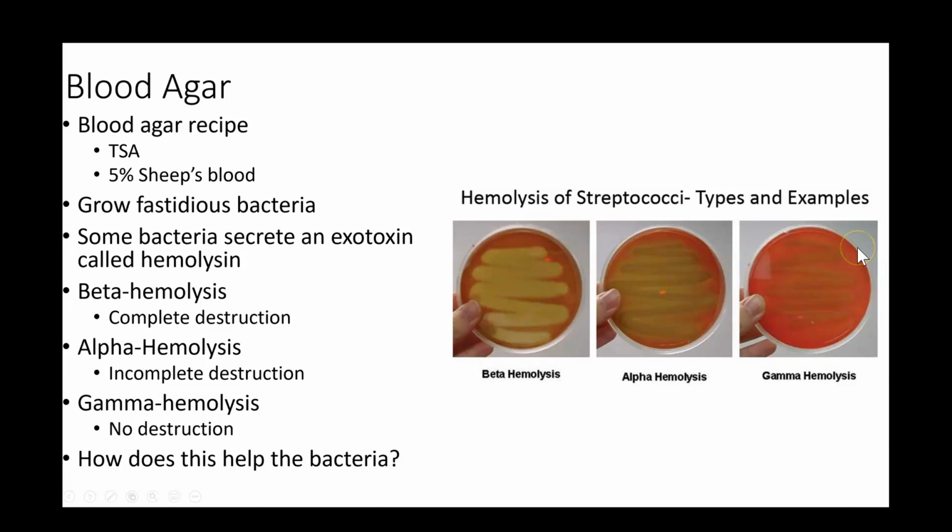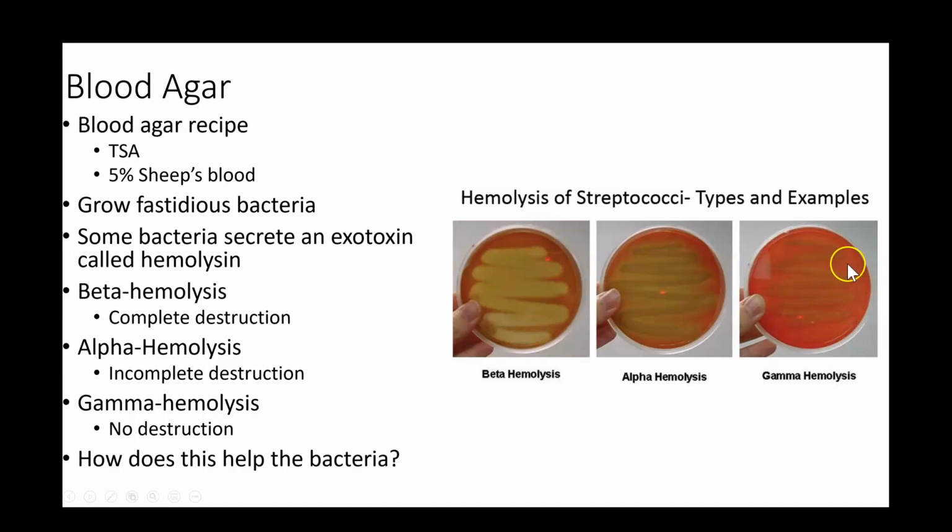Finally, we have our last one, which is super confusing and kind of irritating to me, because gamma hemolysis actually means no hemolysis. No destruction is taking place. It's kind of annoying that they term it this because it's not happening. But you can see this because there's no halo.